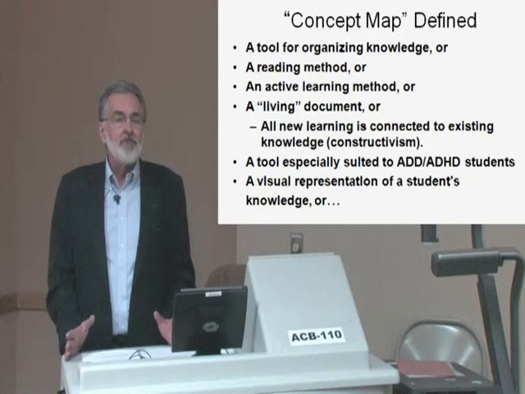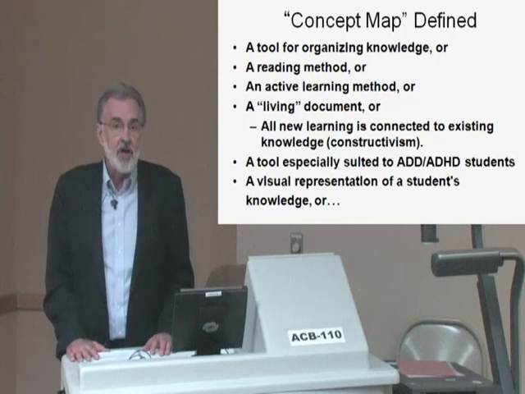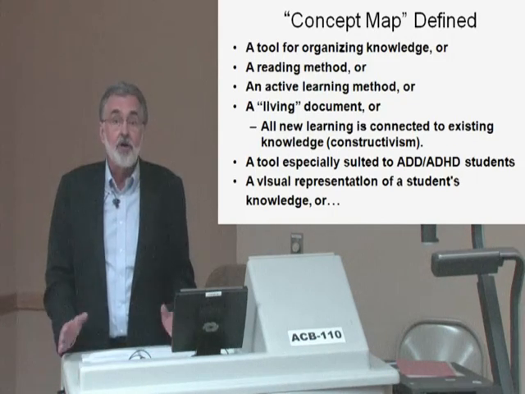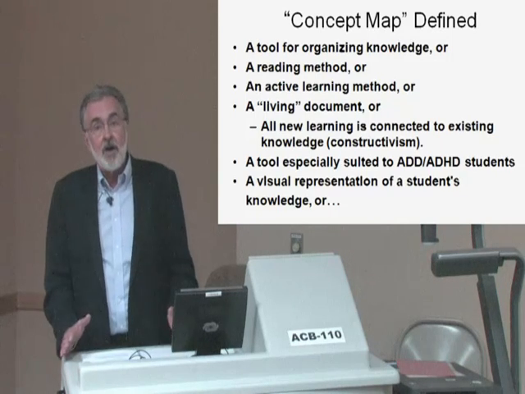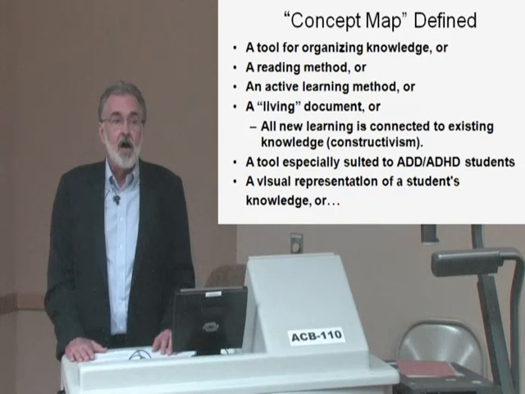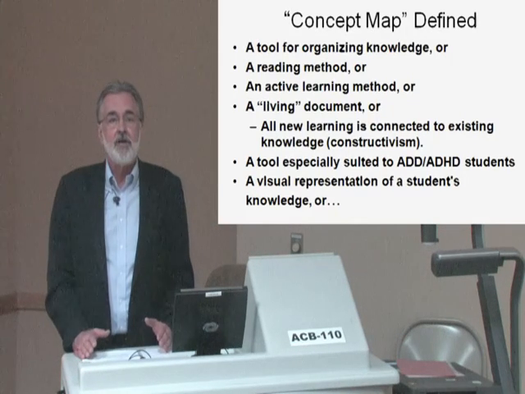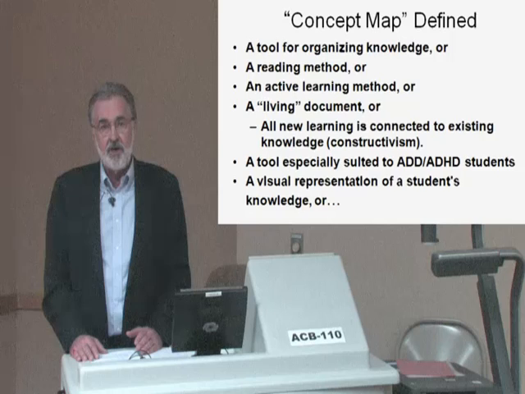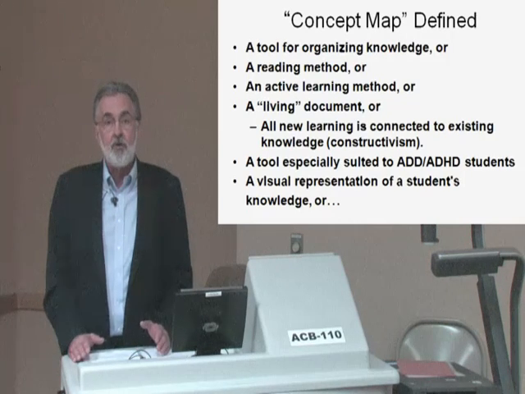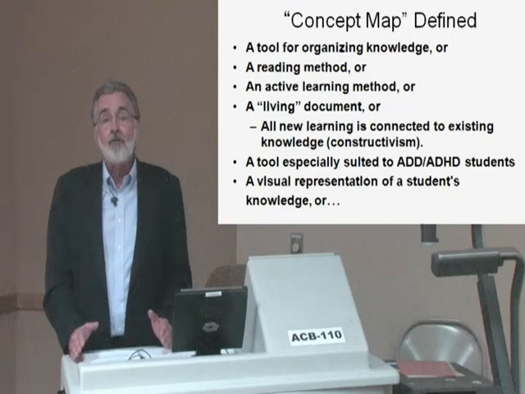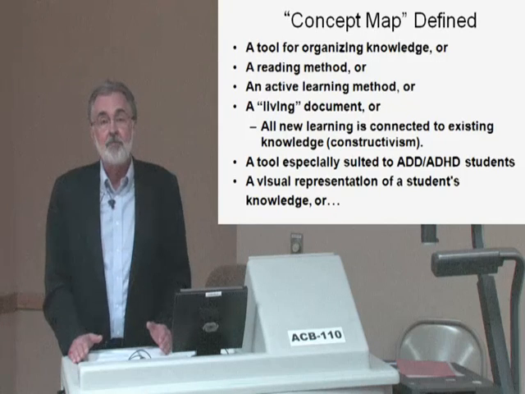Now, obviously not the only way. One way of organizing information is in a book, a textbook. Another way is in a lecture syllabus or an outline. So concept maps are just an alternative way of organizing information. And for most people, that's actually all they understand about concept mapping.